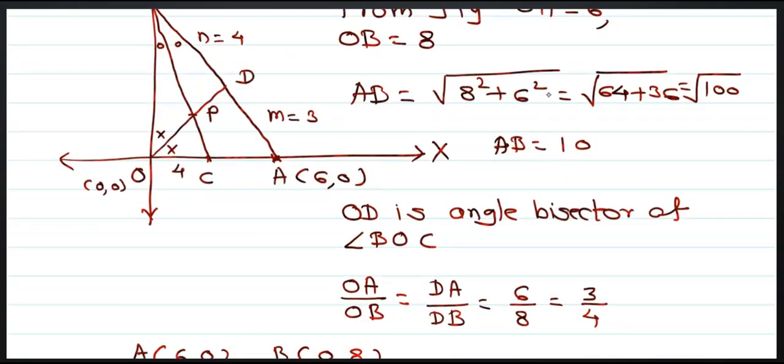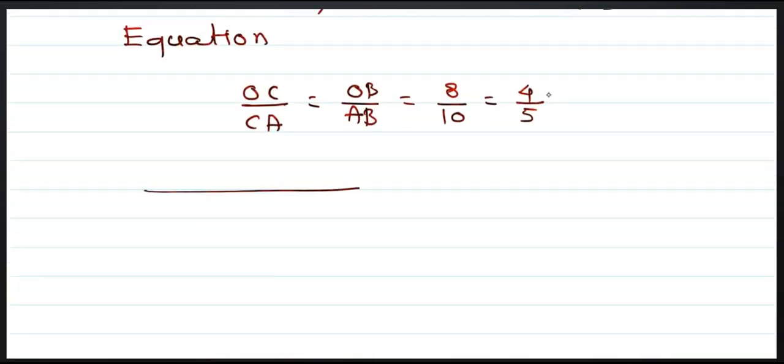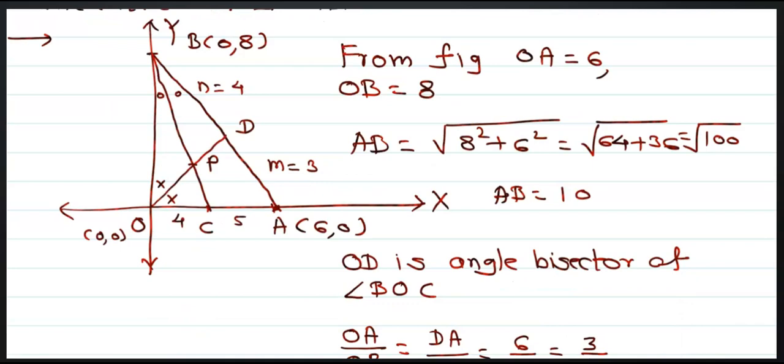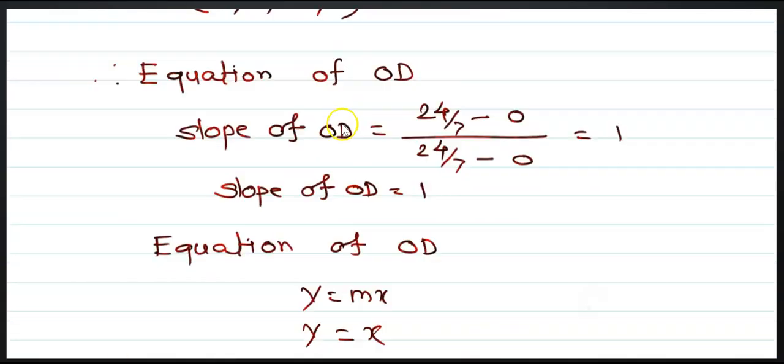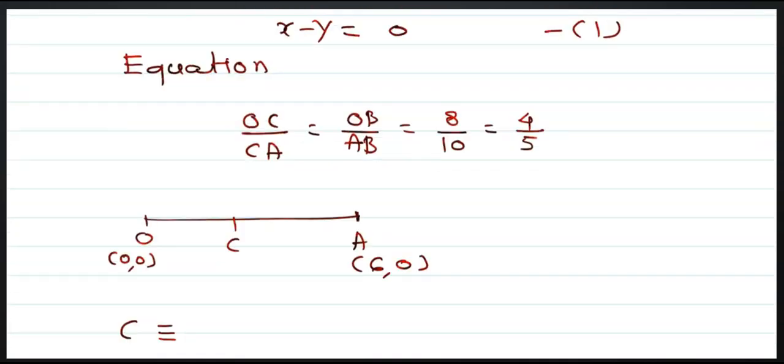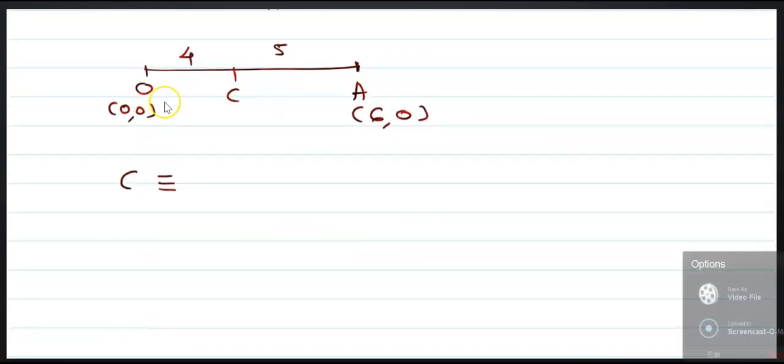Therefore, for OCA, 4 and 5 are the ratios.